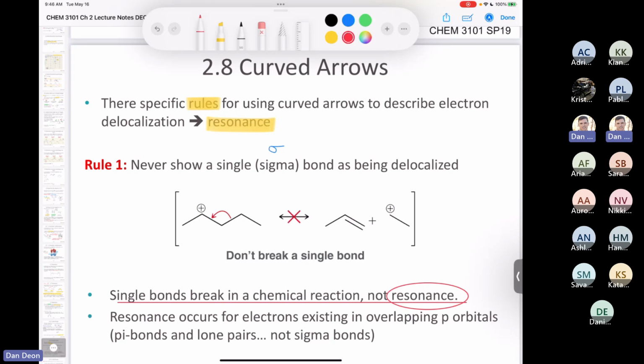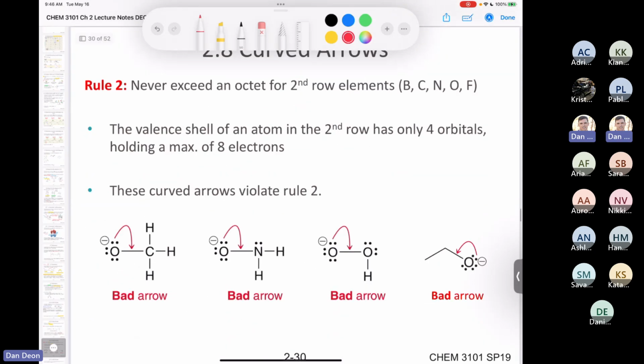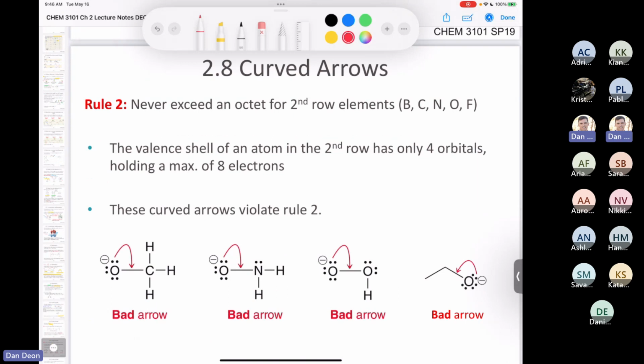Resonance occurs for electrons existing in overlapping p orbitals, pi bonds or lone pairs, not sigma bonds. So we're always going to look for overlapping p orbitals in order to draw a resonance arrow. And if you're wondering what I mean by that, well, we already saw in the allyl carbocation 3 p orbitals in a row. So we're always going to have some kind of situation like that.